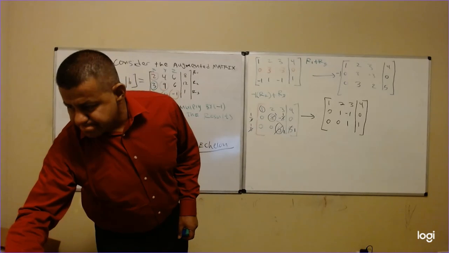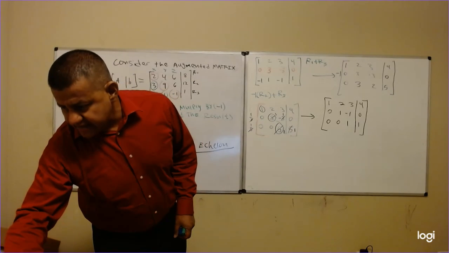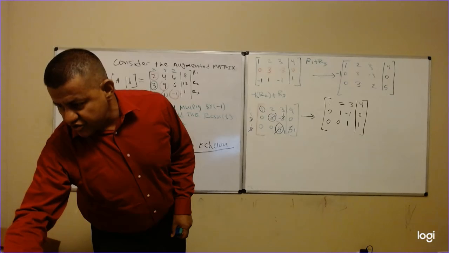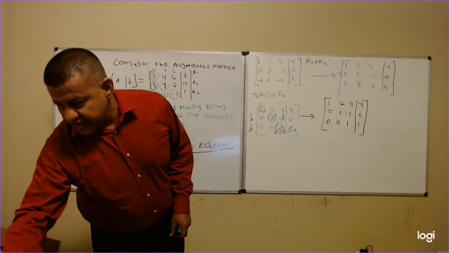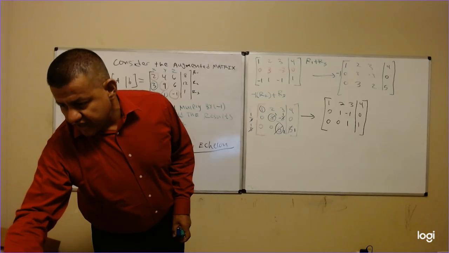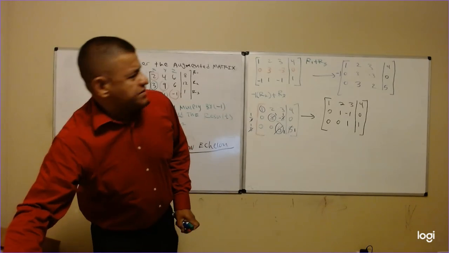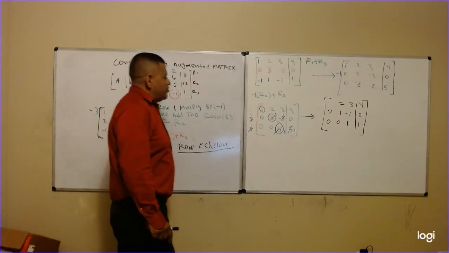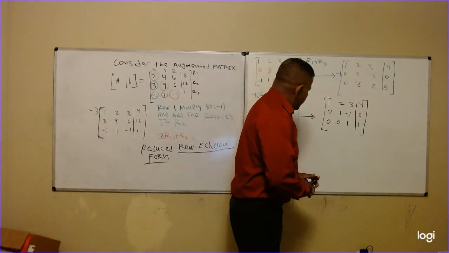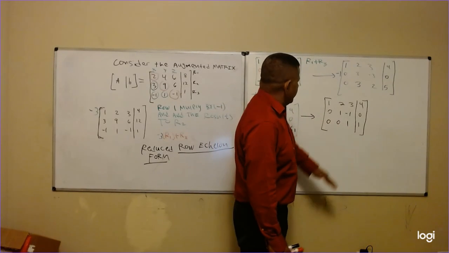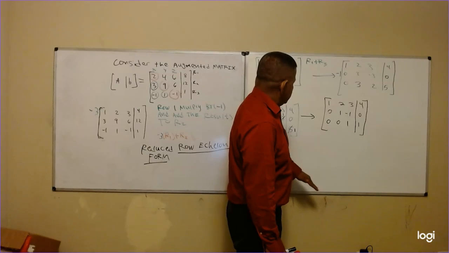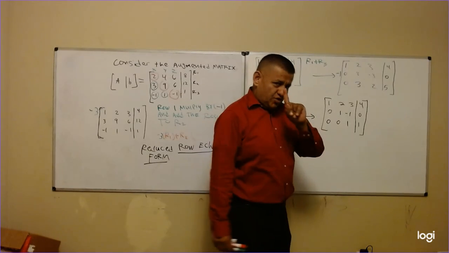In that case, the next step will be the substitution, in place of the elimination, of the Gaussian elimination.